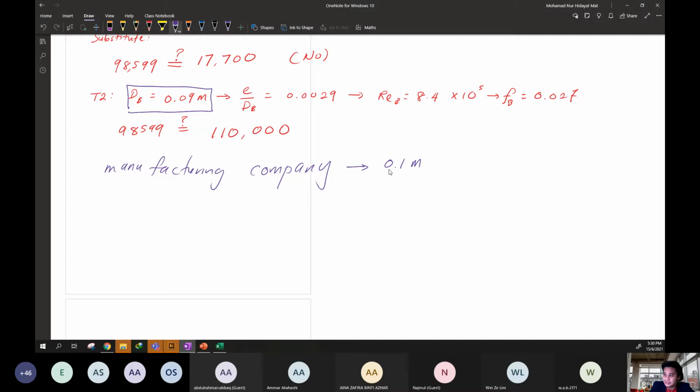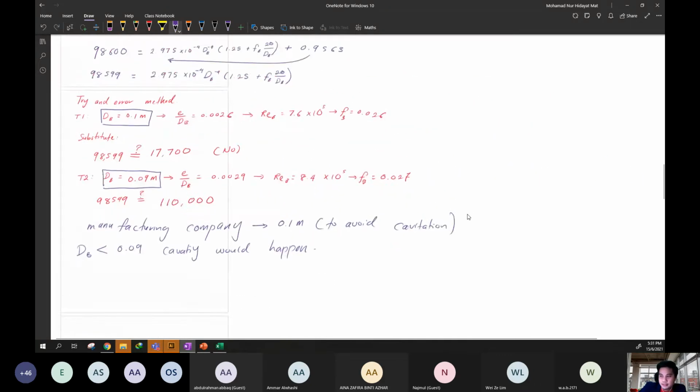So you must select 0.1 meter to avoid cavitation. Less than this diameter value, cavitation will occur. It will happen.